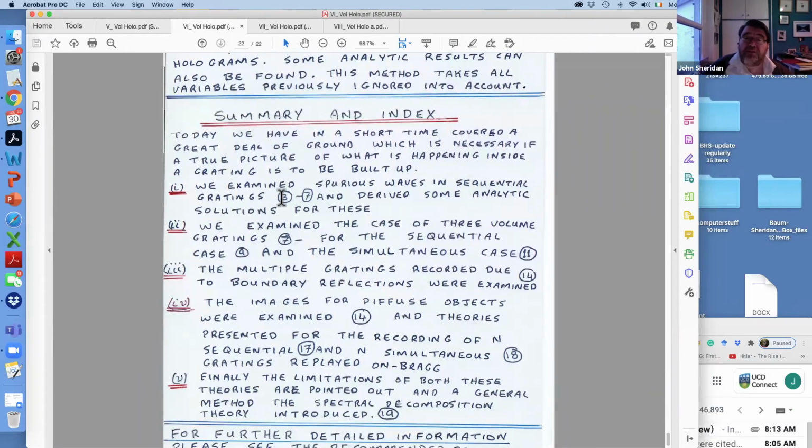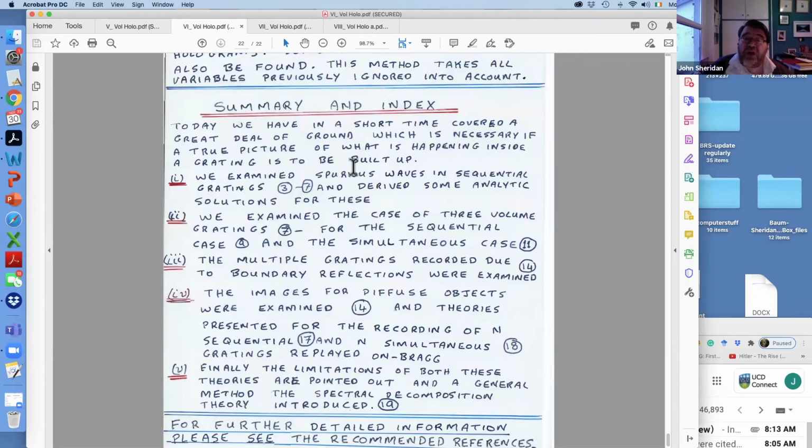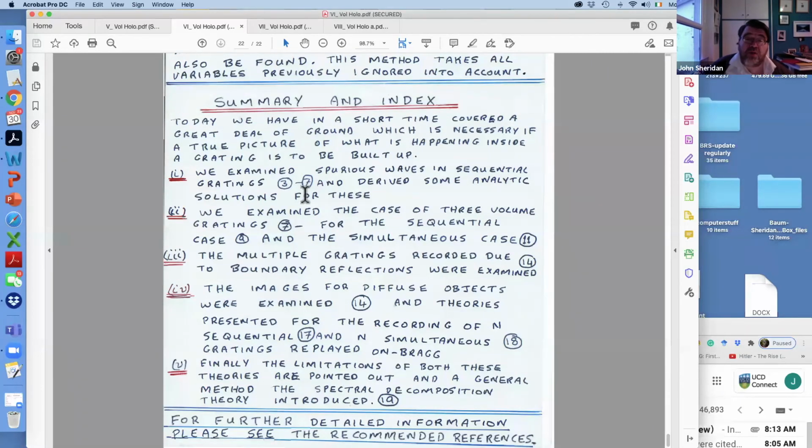So we've got a summary here. In a very short, very compressed time, we covered a great deal of ground, which is necessary if a true picture of what is happening inside a grating is to be built up, going from these single sinusoidal gratings to much more complicated patterns inside the grating. We examined spurious waves and sequential gratings and derived some analytic formulas for them.